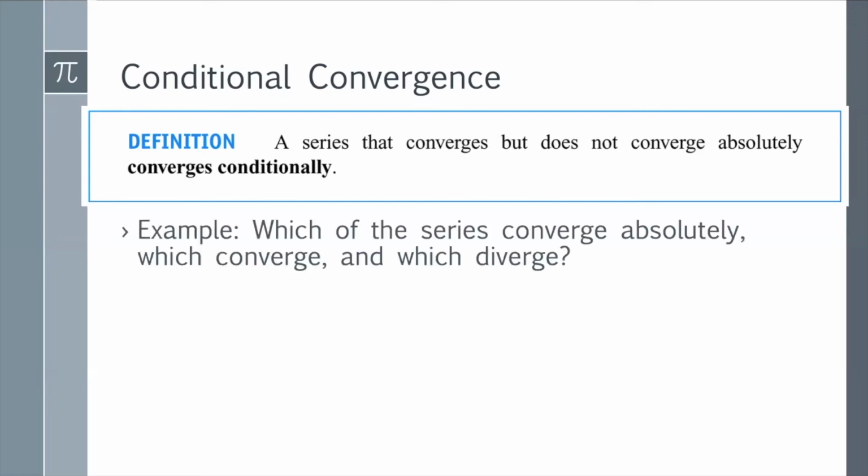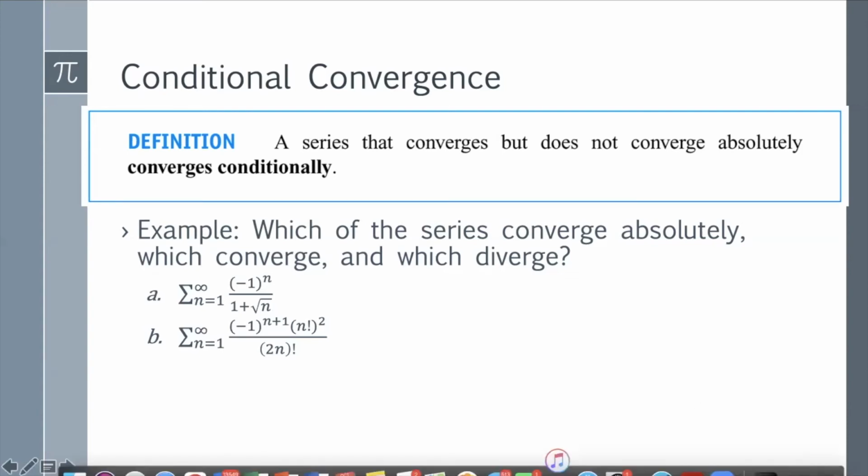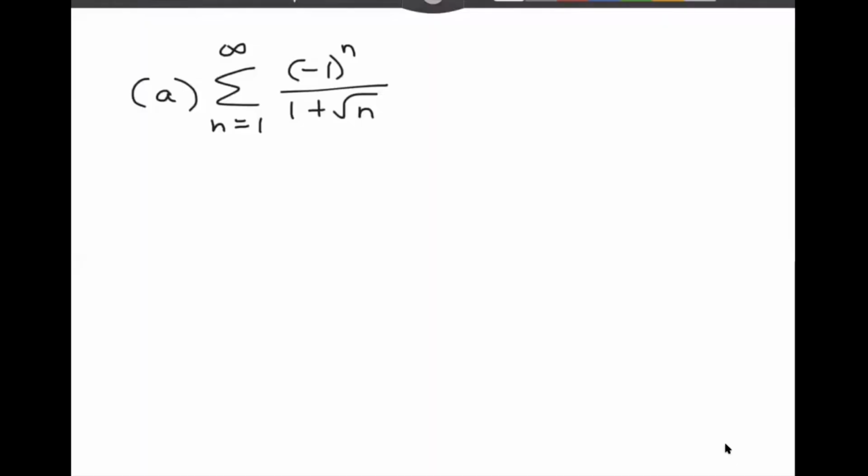All right, so as an example, let's look at which of the following series converge absolutely, which converge, and which diverge. All right, 2 examples there. So we will go over to the tablet. All right, so first let's figure out if this series converges absolutely.